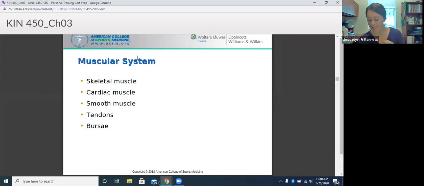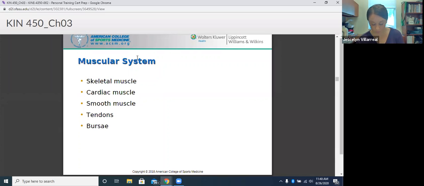Skeletal muscle is attached to bones, and that is under voluntary control. So you tell that muscle what to do. Skeletal muscles are adhered to the skeleton by tendons. So in the muscle men and in these future pages on chapter 3, you're going to see that.